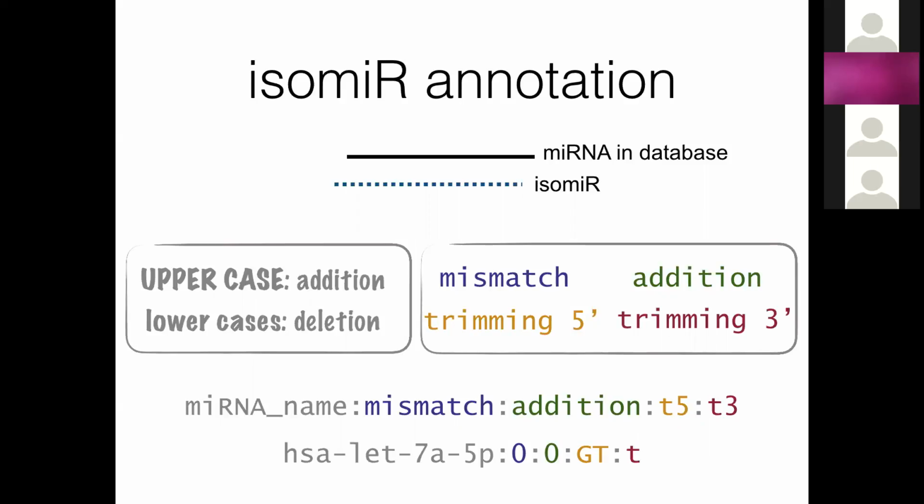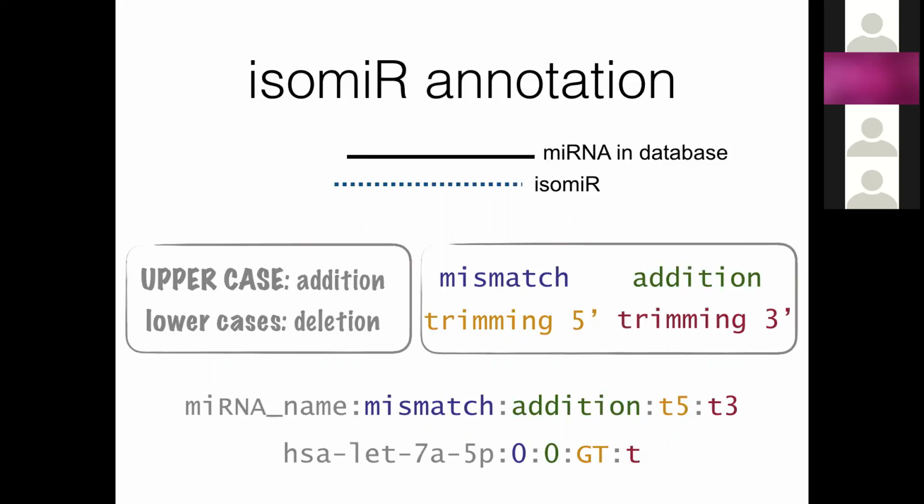So the idea is to name isomers based on two rules. One rule is the type of change that it has, which could be mismatch, addition, or trimming, at the 5' or 3'. Then one guy got the idea to use uppercase for addition, meaning the nucleotide is not in the microRNA mature sequence, and lowercase for deletion.